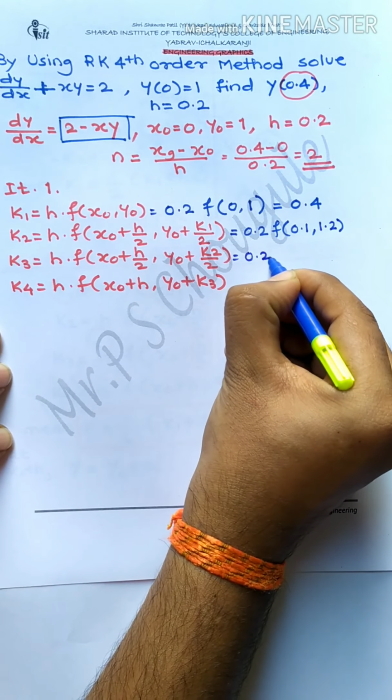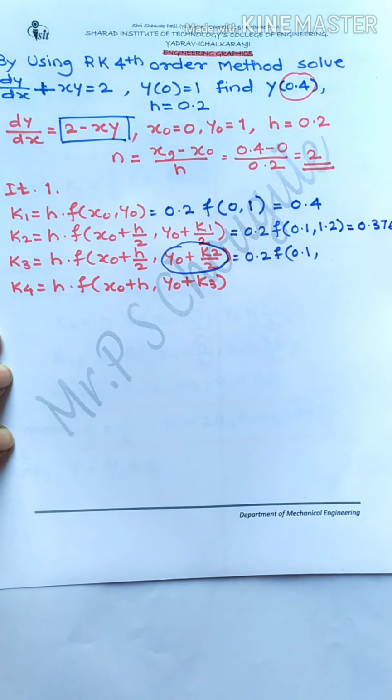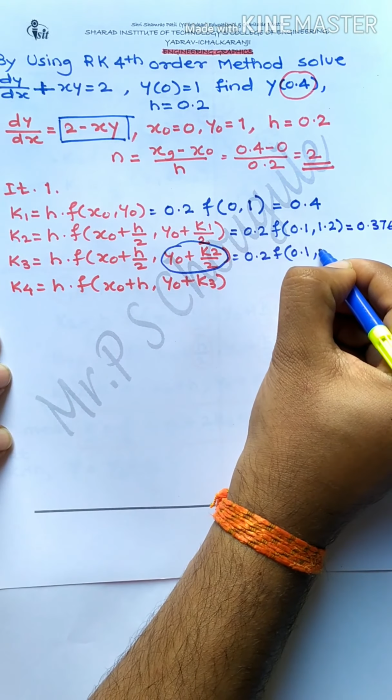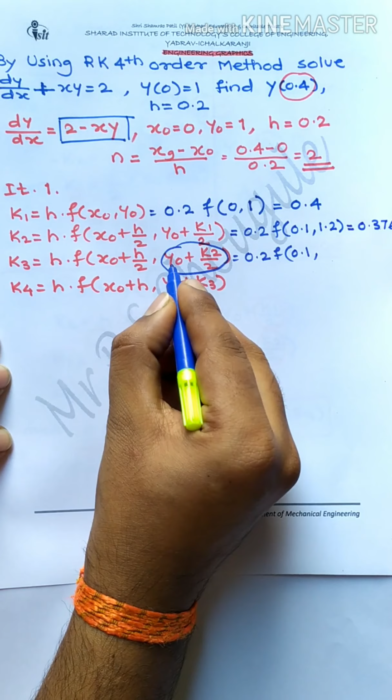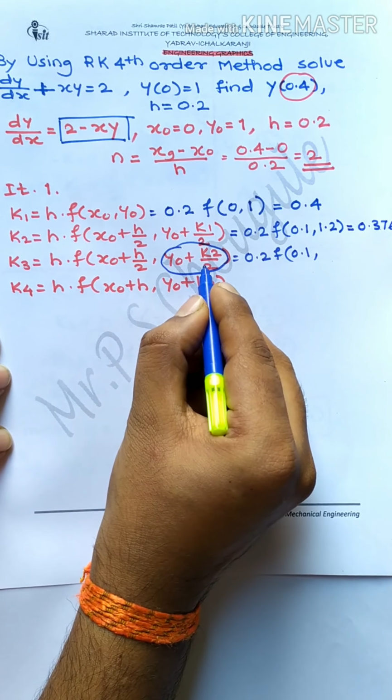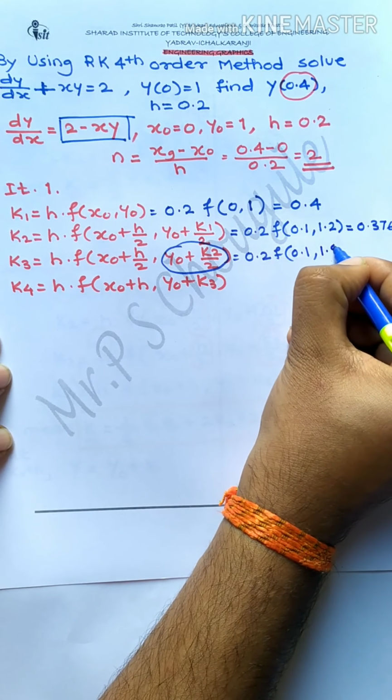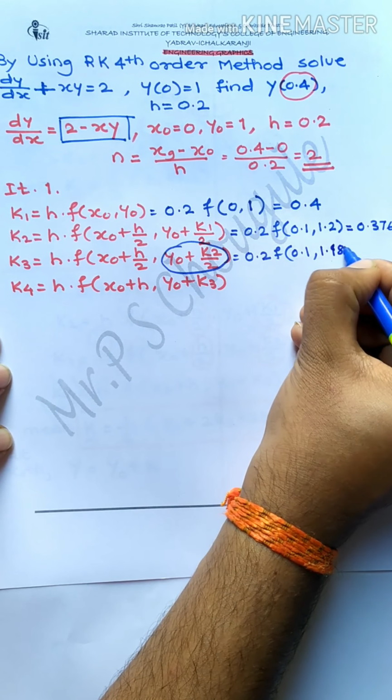Now it is equal to 0.2 into 0.376. So the new value of y, which is y0 plus k2 by 2, is equal to 1.188. And by this way, we will get the value 0.3762.